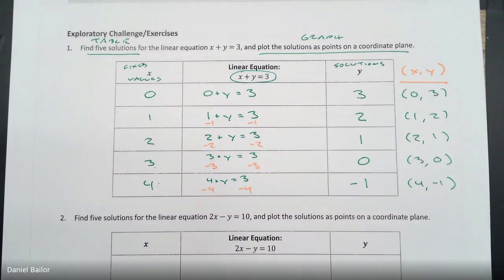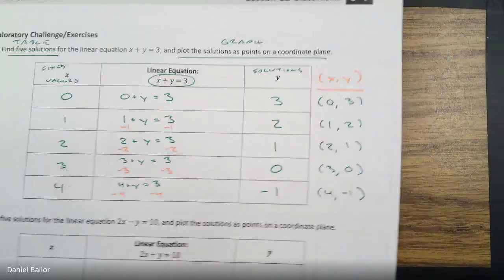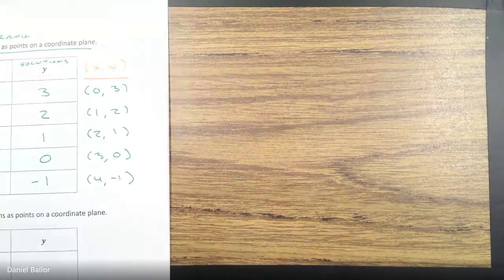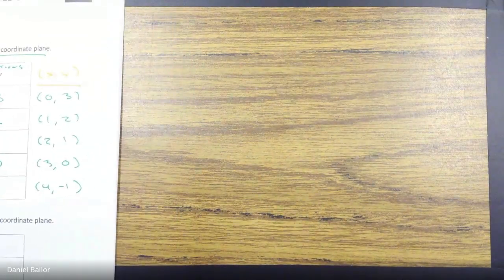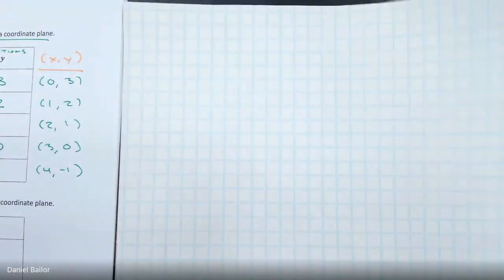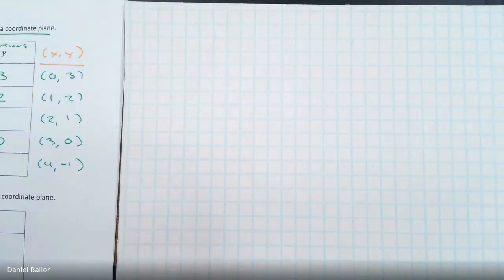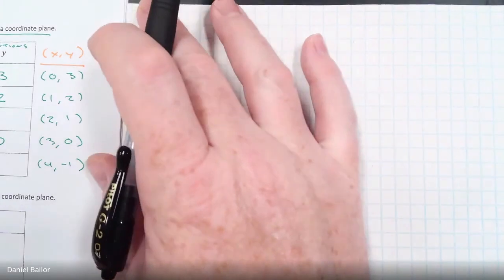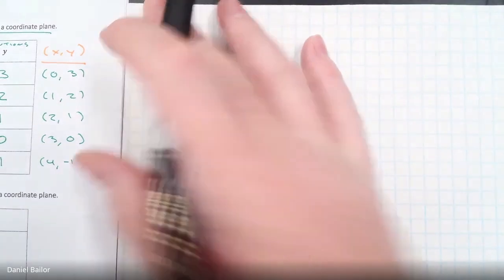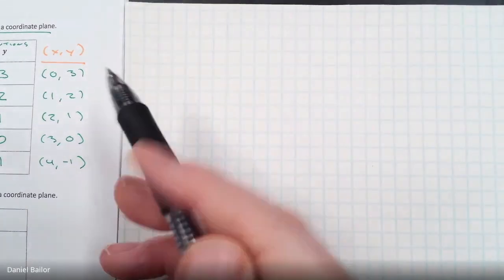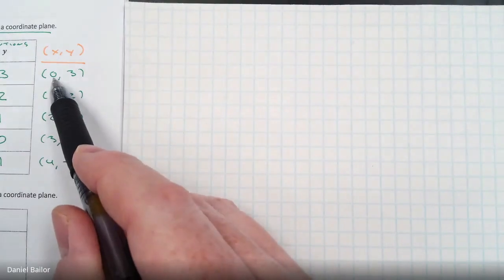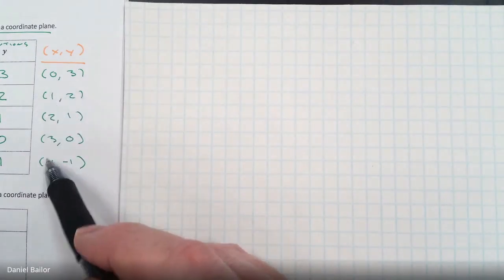So for this, we actually need to pull out our graph paper. So I'm going to slide it over so I can still see my coordinates because I need my coordinates when I graph. And when I make my graph, I need to think about what my x-axis and y-axis need to be. So if I look at my x's, they go from 0 all the way up to 4.